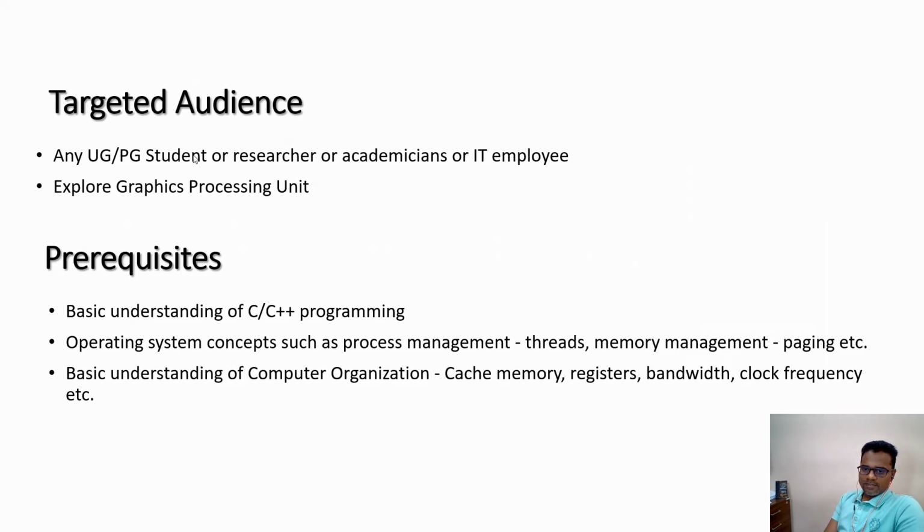Then memory management: how different memories work in your computer system, like main memory, cache memory, and registers. All these concepts will be required in order to understand some CUDA programming optimization techniques. Apart from that, you must be familiar with topics such as cache memory, register, bandwidth, clock frequency, etc.